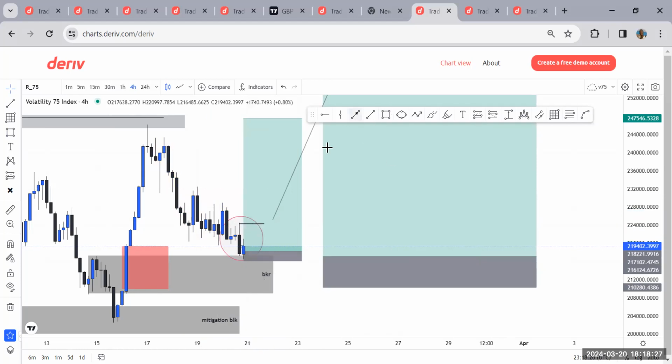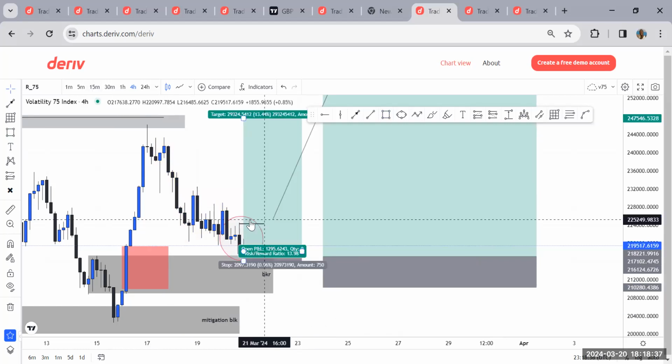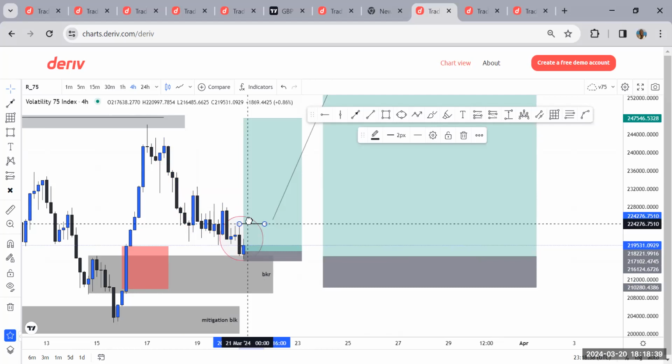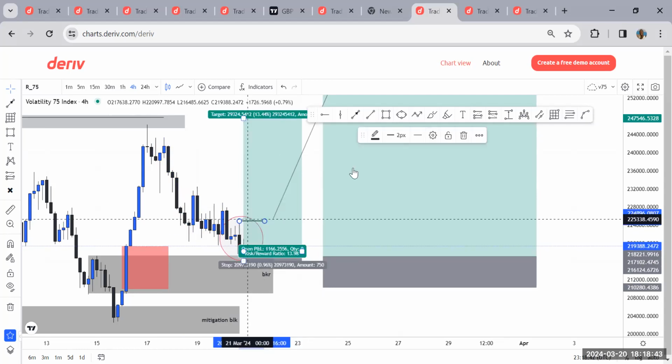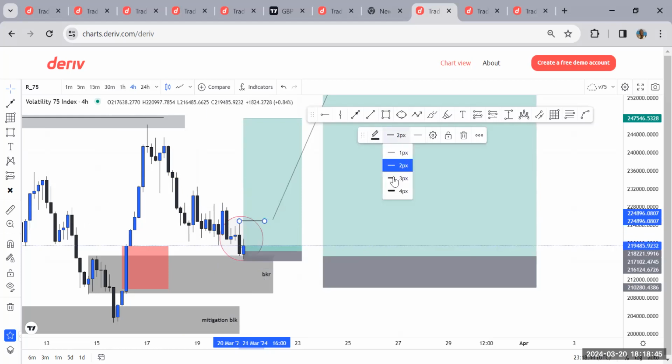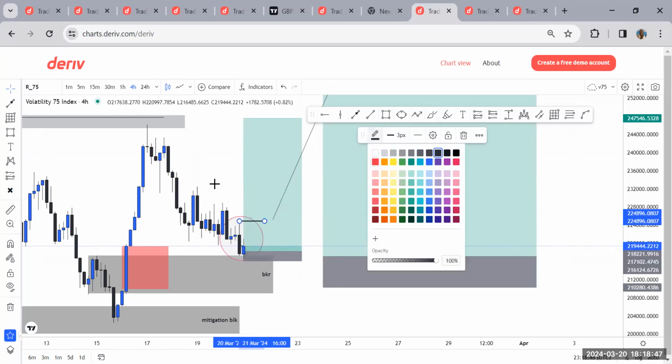So what about the one that we did on the 15-minute time frame? On the 15-minute time frame, if price is able to break this high that we have just indicated, let me make it big, red.